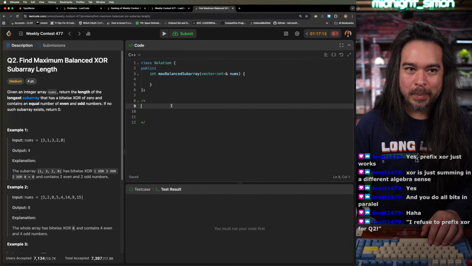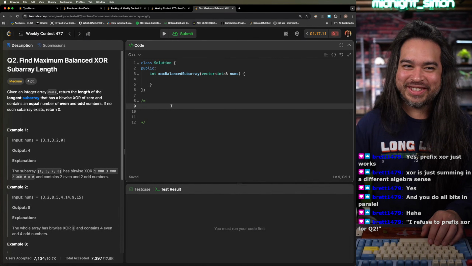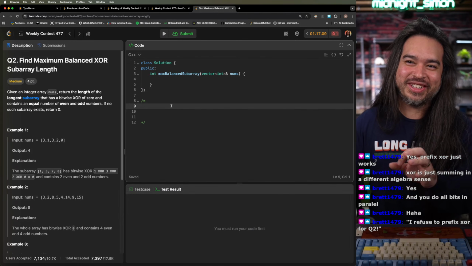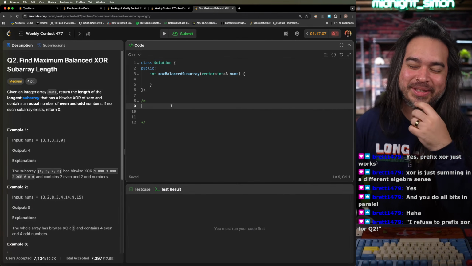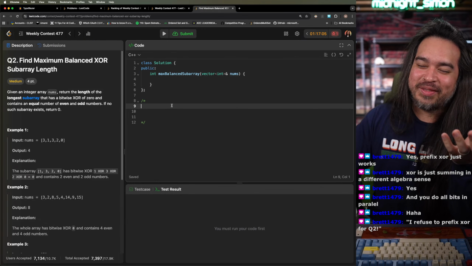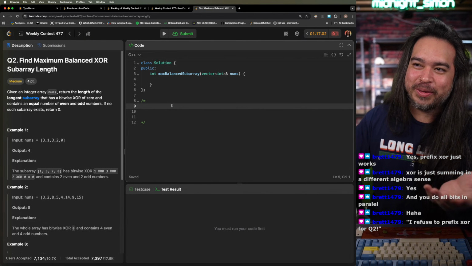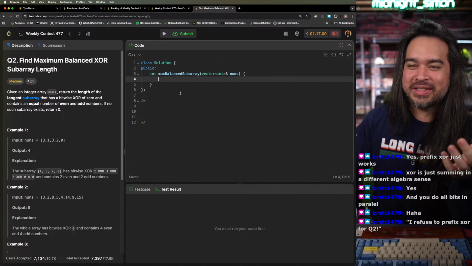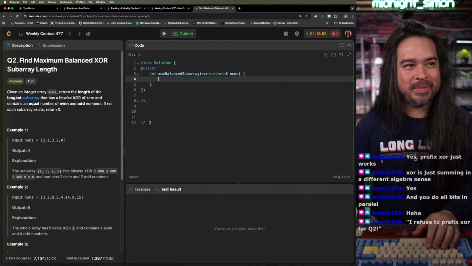Wait, I refuse to do prefix. No, it's not even just one or the other. It's like both of them combined, you know. But I guess they've had segment trees for Q2s in the past, so this isn't that crazy, I suppose, right?